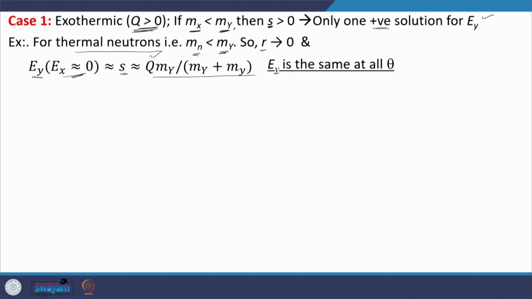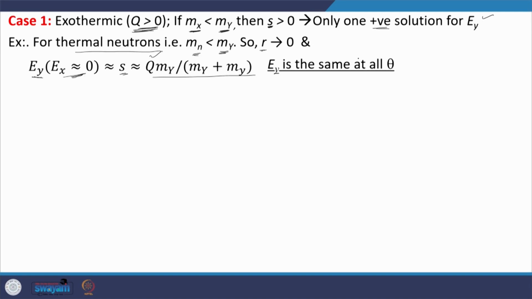It also gives us an interesting feature. When incident particles have mass much less than the product nucleus mass, then at all values of theta the ejectile energy will be the same. It is not the case every time.